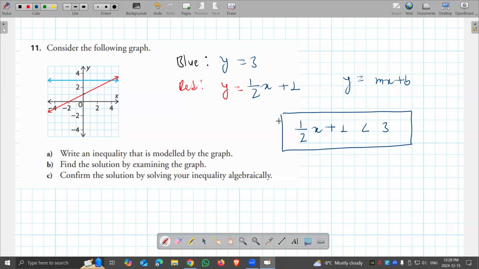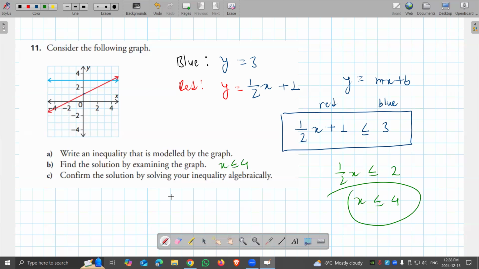When is the red equal or less than the blue? So that's an example of an inequality. I'm sure there's many answers to this. So let's solve it. 1 over 2x is less than equal to 2. X is less than equal to 4. So that's the answer as well.